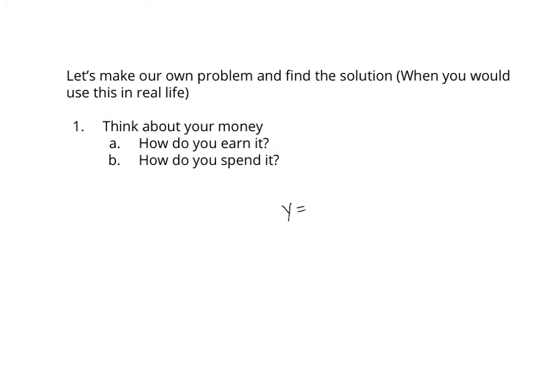Okay. So Anderson said he gets paid $20. So we're going to say Y. This is our earnings. So Y equals 20, X. And how much money would you say you started off this month with? $5.